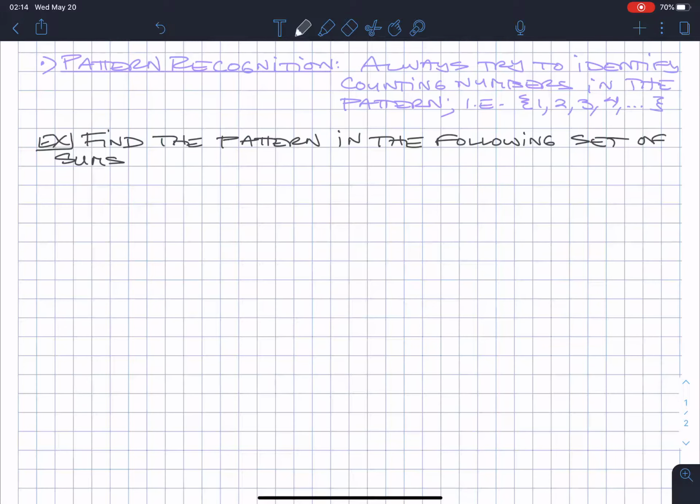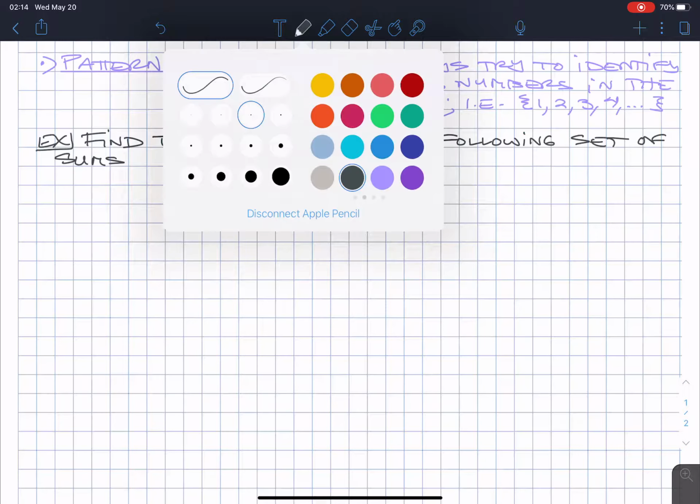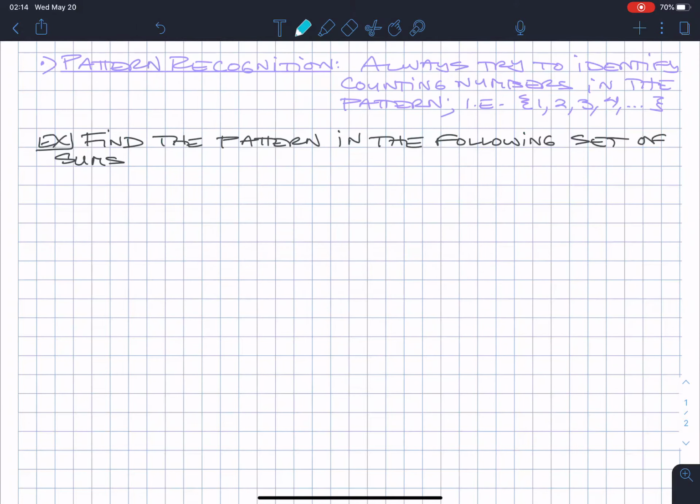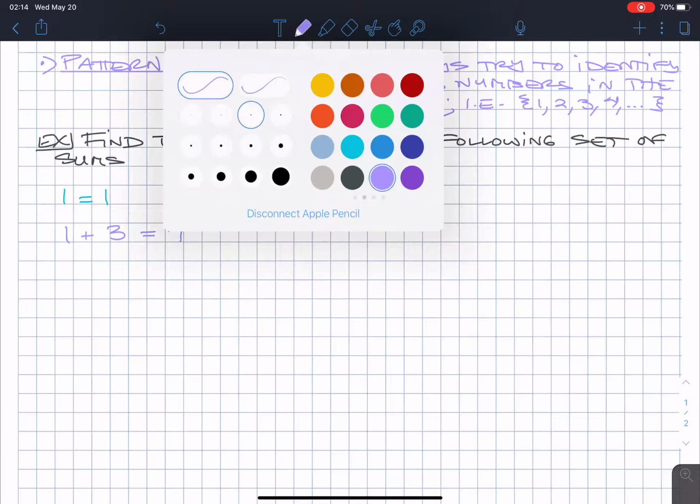Okay, so let's see. Let's start off with blue. So 1 is equal to 1. Seems silly, but let's try 1 plus 3, which is equal to 4. Okay, still with me? Still making sense?